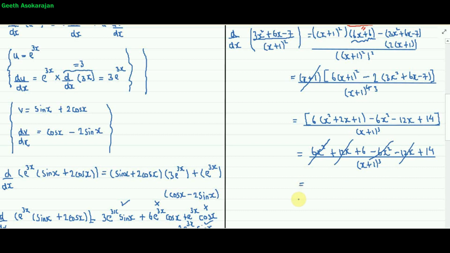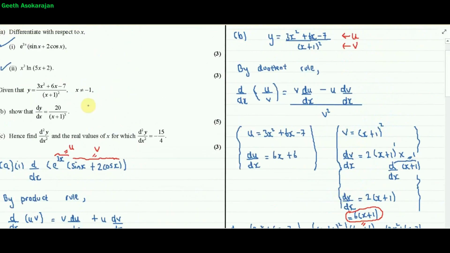So what we're going to have as a result, 6 plus 14, that is 20, and it's 20 divided by the x plus 1 cube term below. So that, I believe, is what we needed to show as part of this particular part B. So that is exactly what we've got over here.